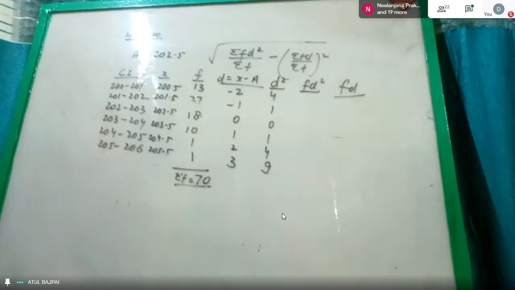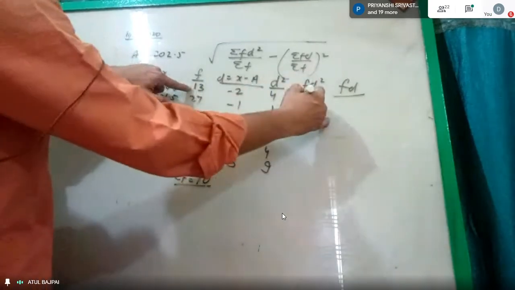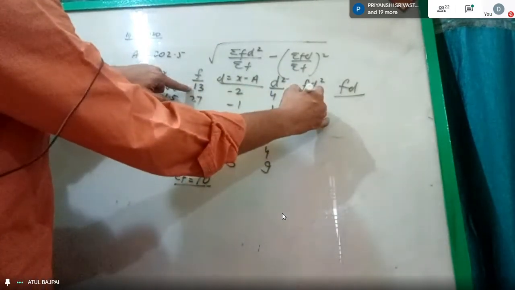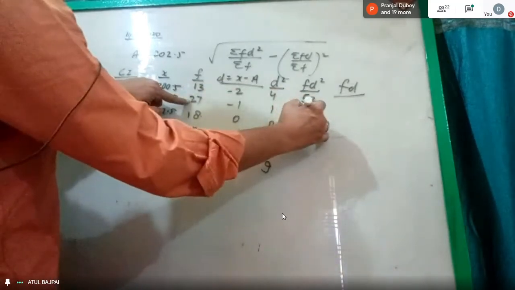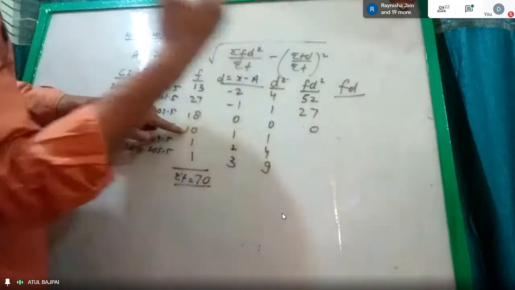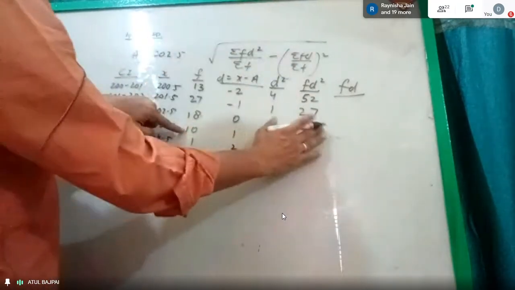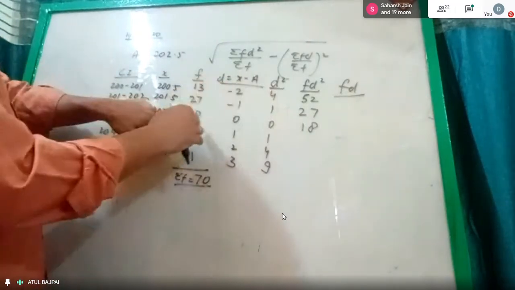Now let us multiply FD square. 13 into 4, how much? 52. 27 into 1 is 27. 18 into 0 is 0. Some of them write 18. I'm telling you, some of them write 18. They multiply a few and add a few.